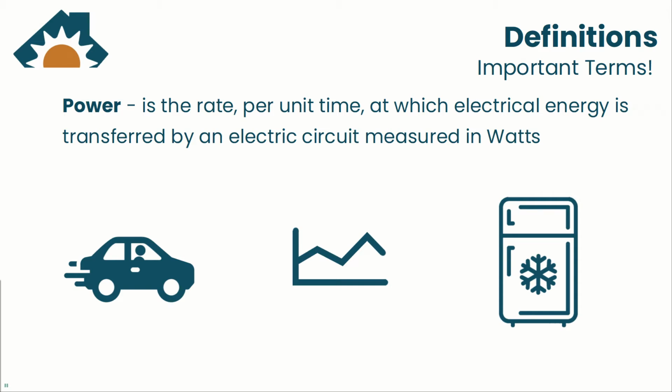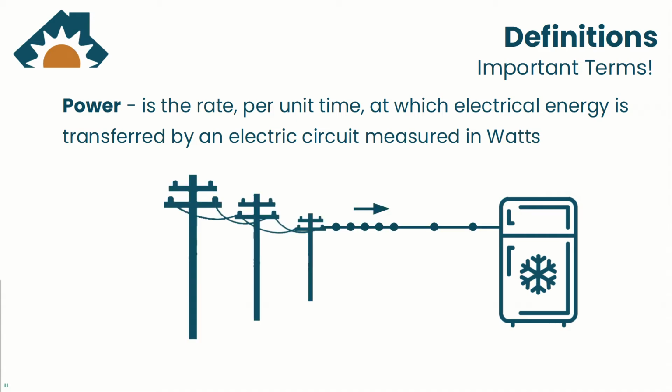If you think about it like a car, the rate at which you're burning fuel is power. Chemical energy being converted to power in this case, depending on how fast you need the car to go, will vary how much power it's producing. Same with electrical loads. Some loads like a refrigerator or oven will have varying power demands. One moment, it might need 300 watts and another 1,000 watts.